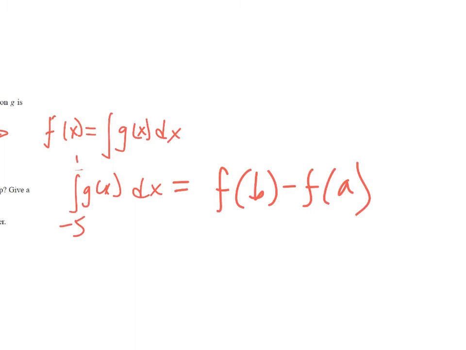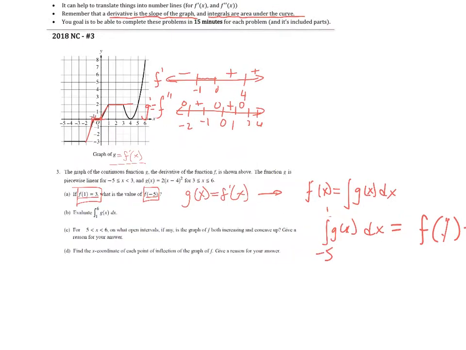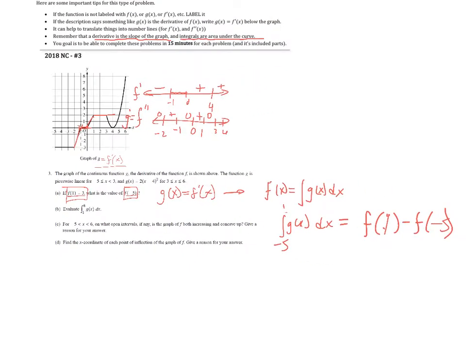And then that makes this 1 and negative 5. Yeah, so there, and we know these things. And so now we have a connection. We can find integrals because we can find areas, and that gives us specific values.